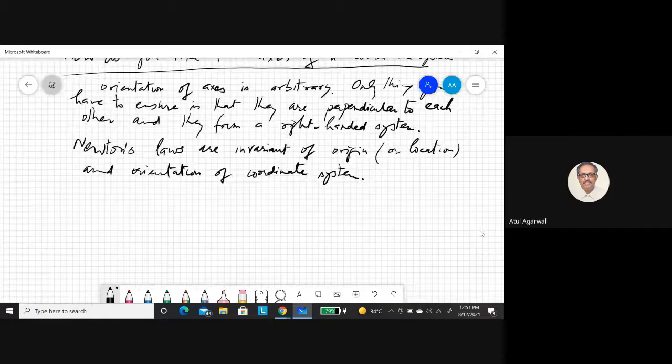Newton's laws won't change wherever you put the observer, whatever is its orientation.